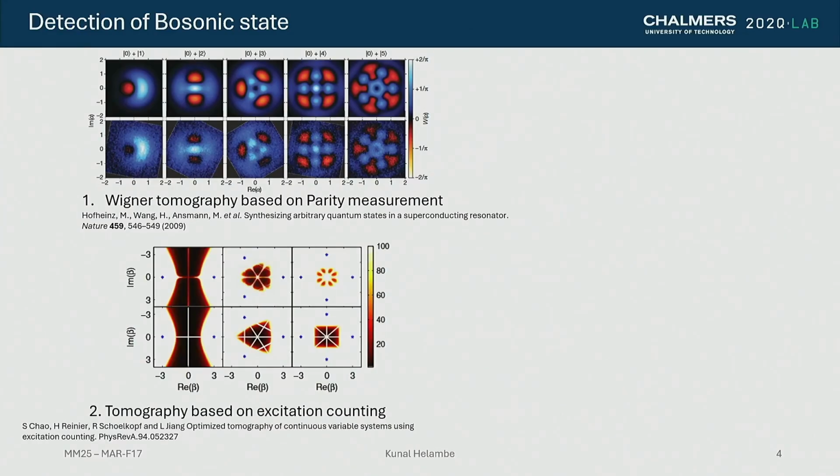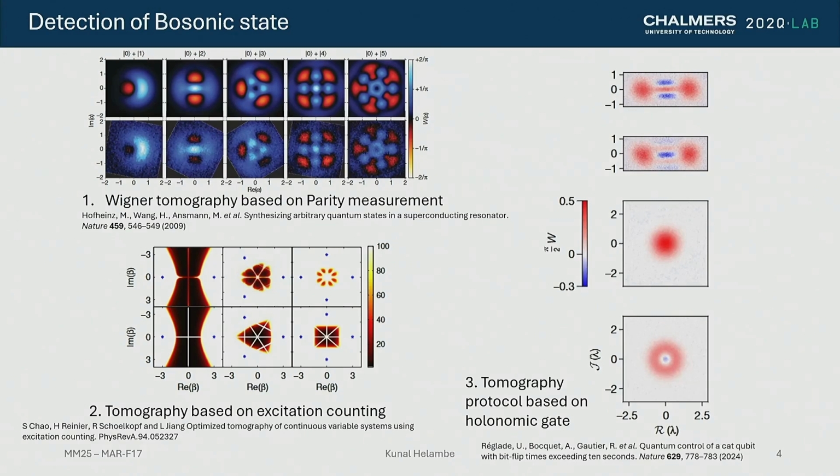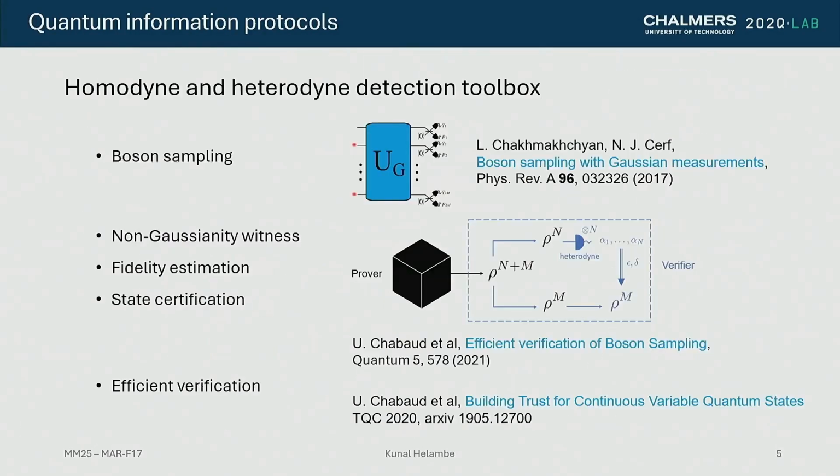You can also do tomography based on counting excitations. Or there is this protocol for tomography based on a holonomic gate, which lets you do it without a qubit. All this is good, and this is a non-exhaustive list, but it lacks one tool, which is homodyne or heterodyne detection of any of these stationary modes.